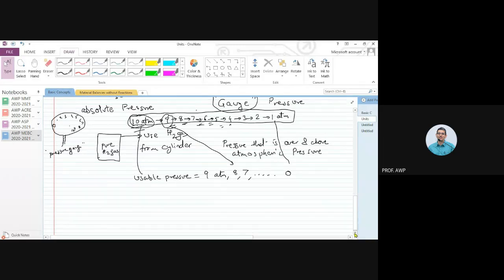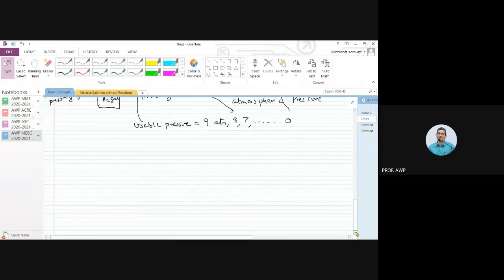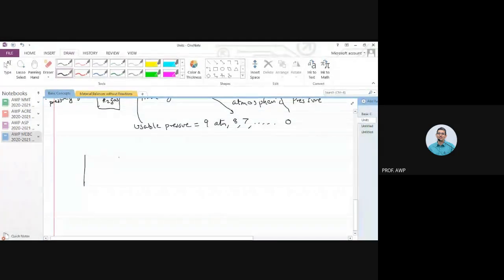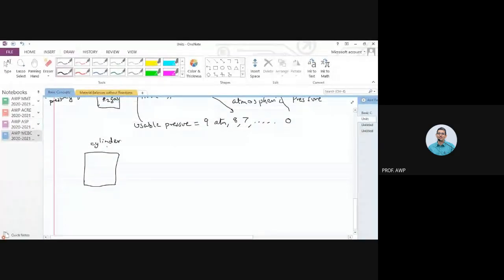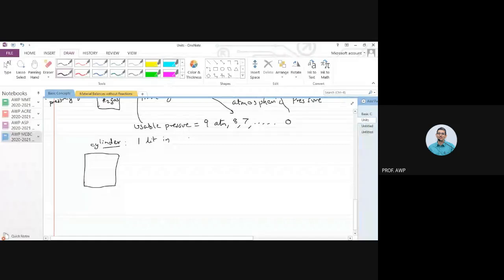So let's just take an example that will bring us to one more concept. Let's say there is a cylinder. Let's say this cylinder is 1 liter in capacity. When we say capacity, that means it has 1 liter volume.